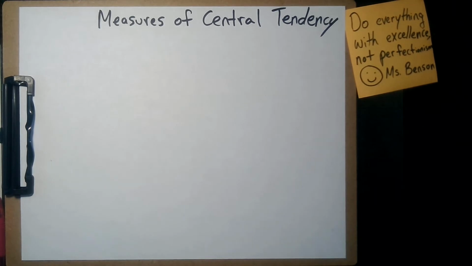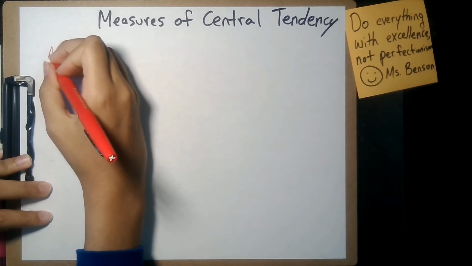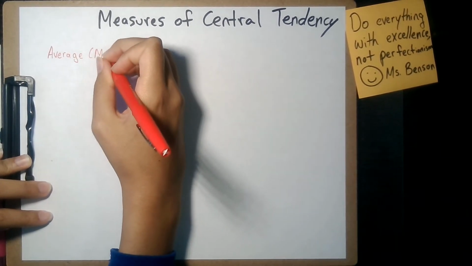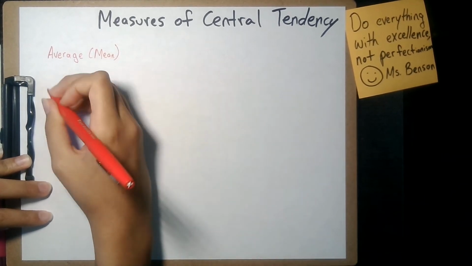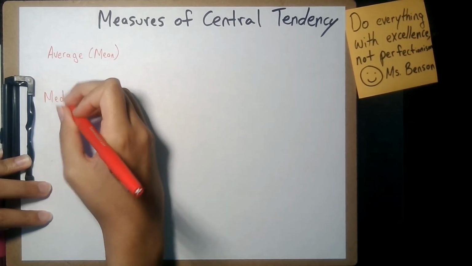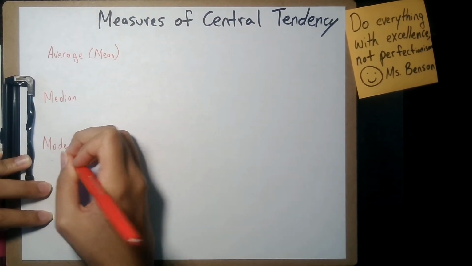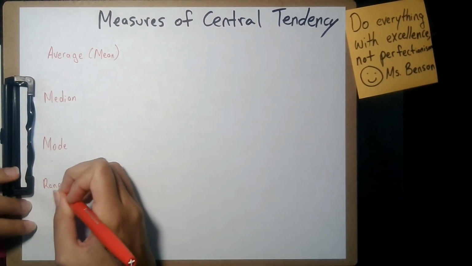With our measures of central tendency, we have the average, which is also called the mean. We have the median. We have the mode. And we have the range.